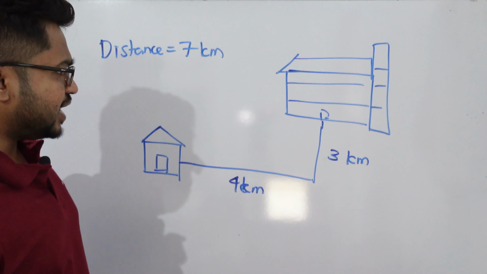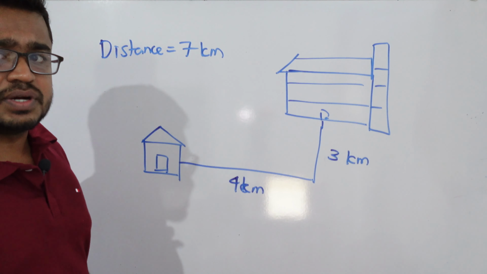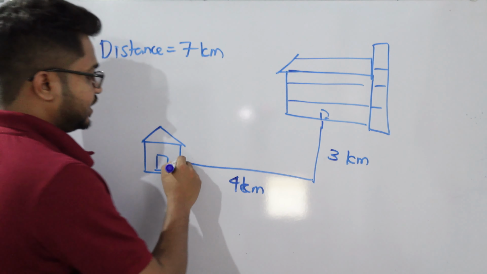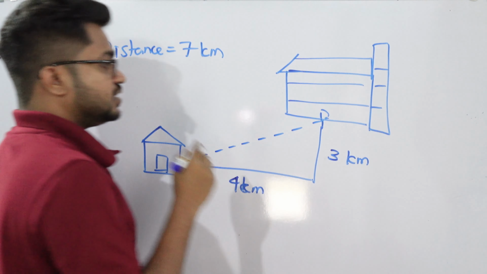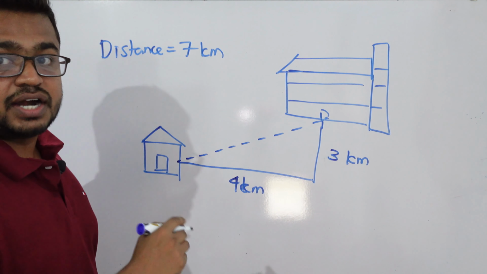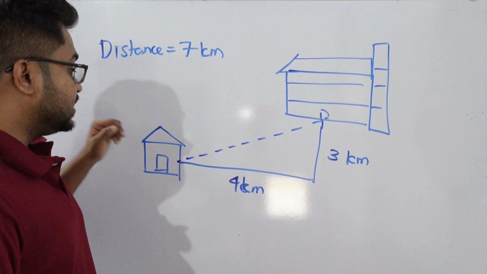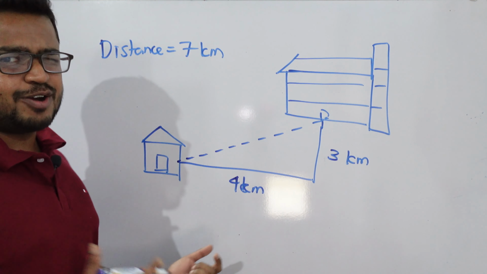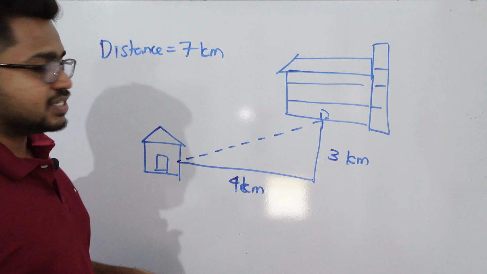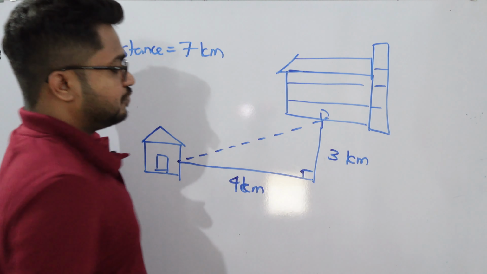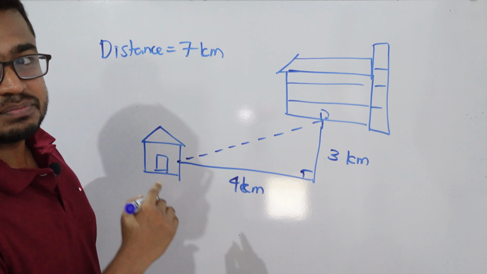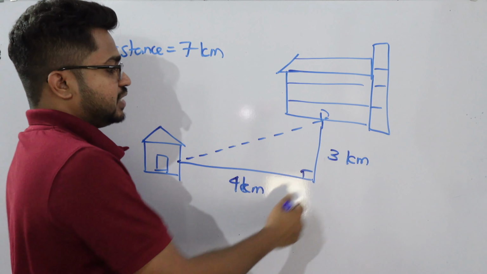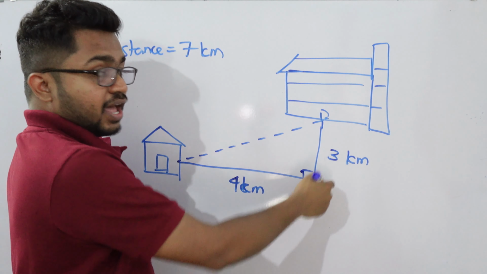Easy. But then, what's the displacement? If you join Tom's house and Tom's school, you will get this line. This is the shortest distance between Tom's starting point and ending point, that is the house and the school. How do you find it? You will have to use a bit of maths. Let's suppose this is 90 degrees, though it will not be exactly 90 degrees in my drawing because it's on the whiteboard. So he moves 3 and he moves 4.